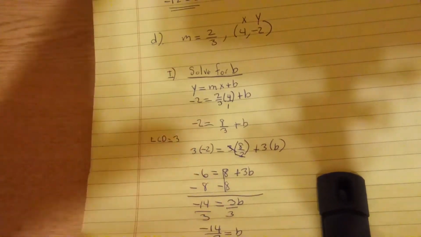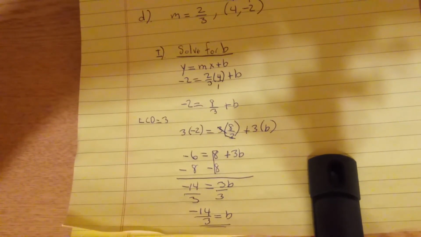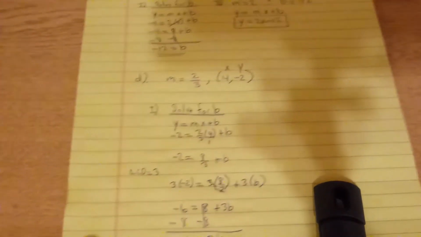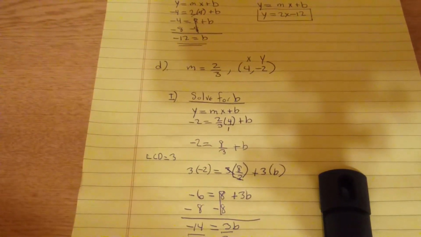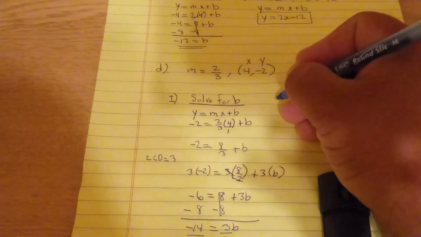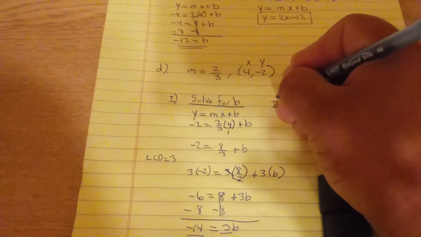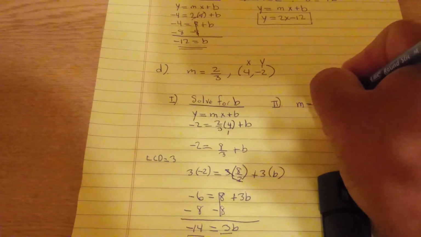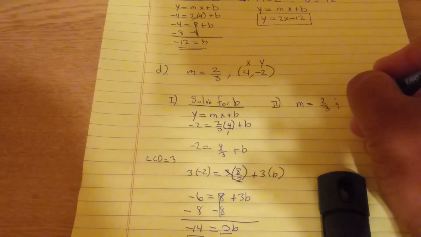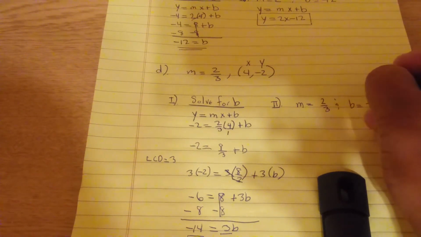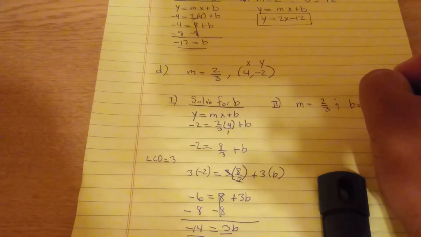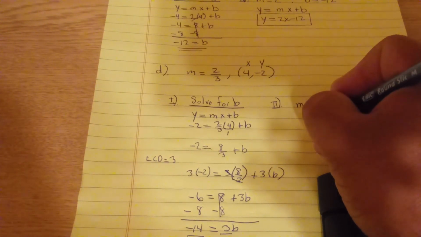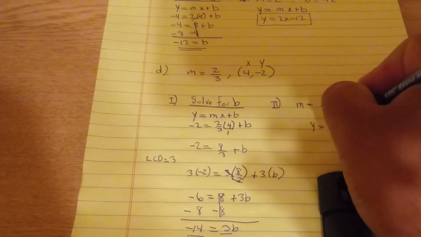So keep that in mind. We're going to have that as the answer for letter b. That's our first part. Our second part, remember, is the easiest part. We have a slope of 2/3, and we solved for b. Our b is equal to -14/3. And once again, we simply substitute into this y = mx + b form.